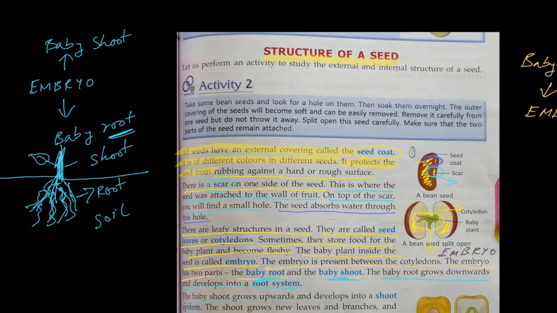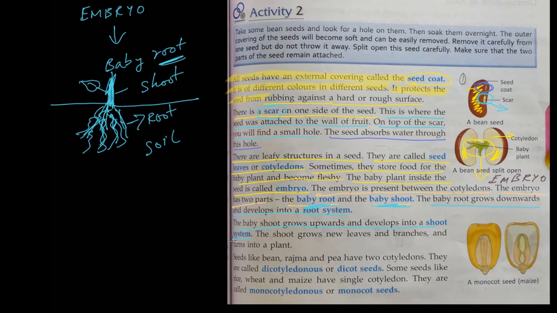The baby shoot grows upward and develops into the shoot system. The shoot grows new leaves and branches and turns into a plant. When it grows up, it becomes the big plant. It bears leaves, fruits, and again seeds. So all these things grow on the shoot system.